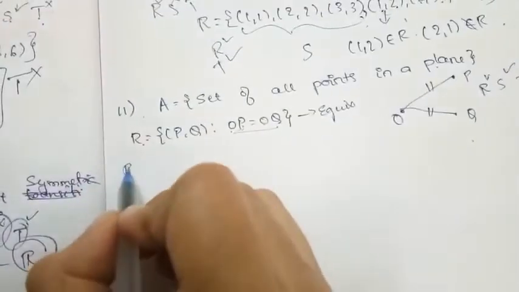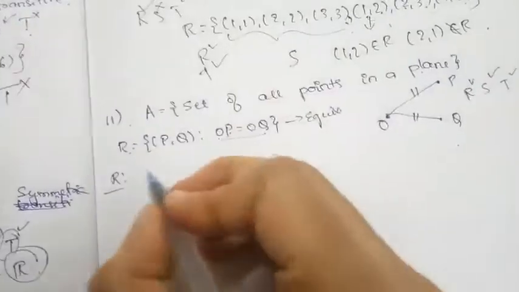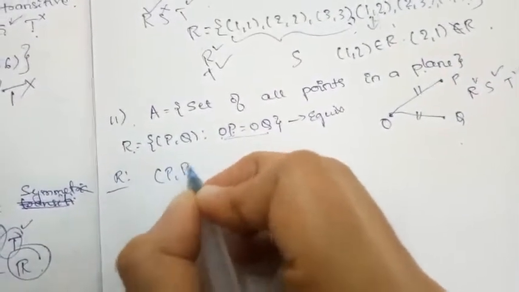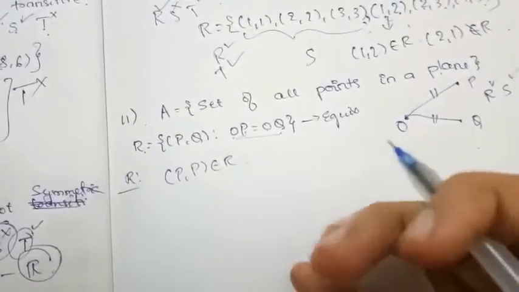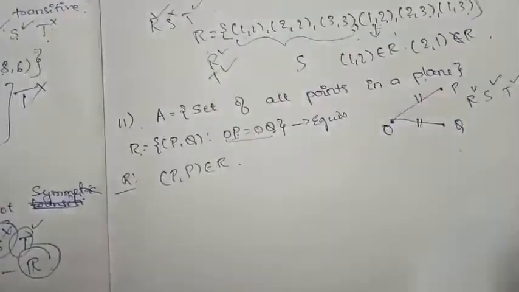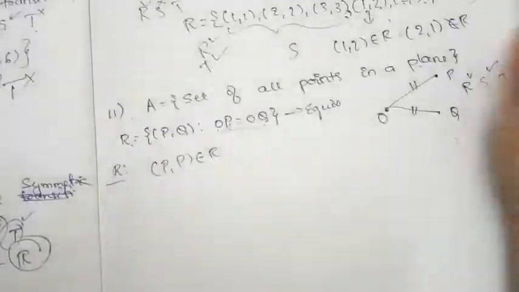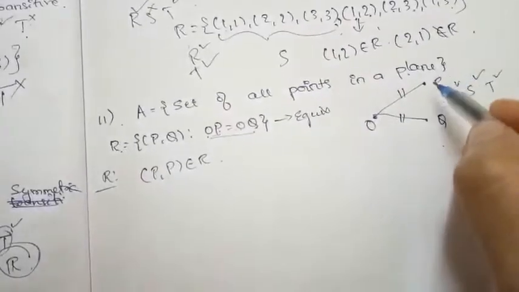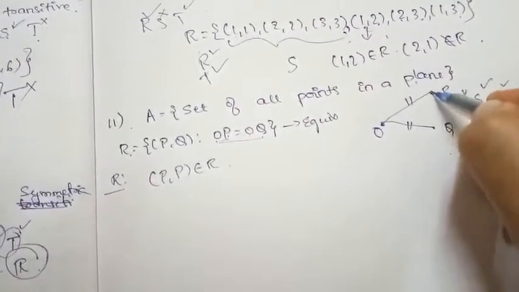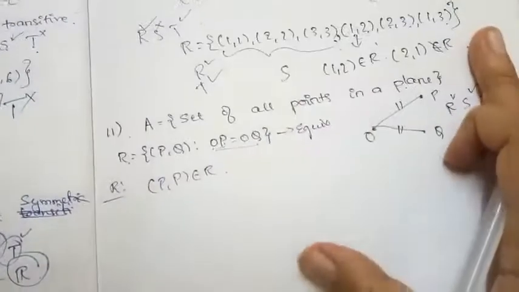So let us check for reflexive. Clearly (P, P) belongs to this relation. Reflexive means whatever point we take, we need to compare that point with itself. So (P, P) belongs to R means we are picking a point P, which is any point in this plane.